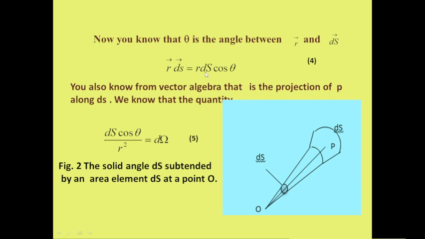If we modify equation 4, we will get ds cos theta divided by r square. When it makes an angle with respect to point P at origin O, it will make an angle called the solid angle subtended at O by the elemental area. So ds cos theta divided by r square is given by the solid angle.